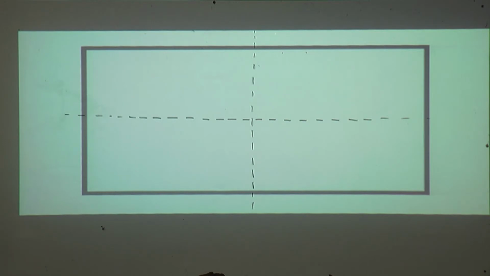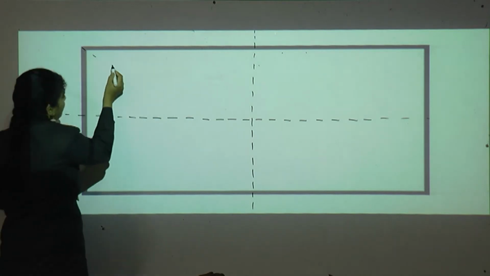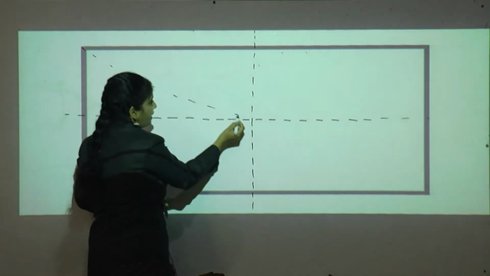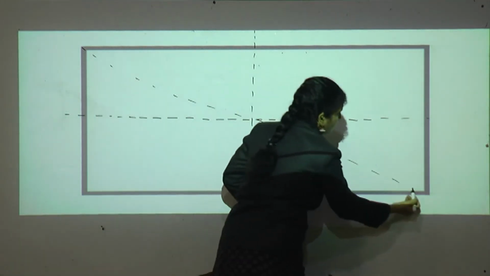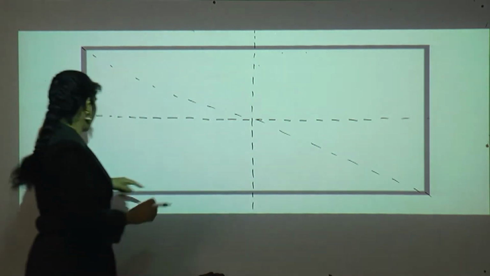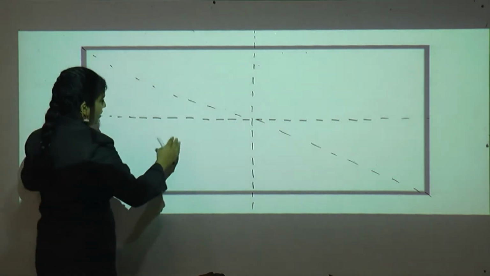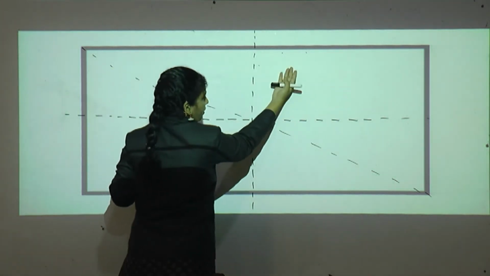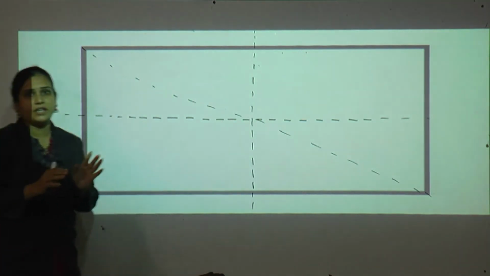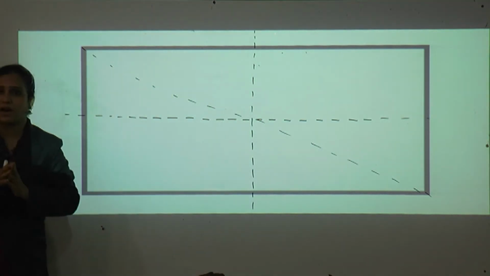But wait, some of us may be wondering if the diagonal also has an axis of symmetry, isn't it? Diagonal means like this. It also has the axis of symmetry? We can draw from here also. Okay? No. Why? Because if we fold this part here, we will not get exactly two parts.